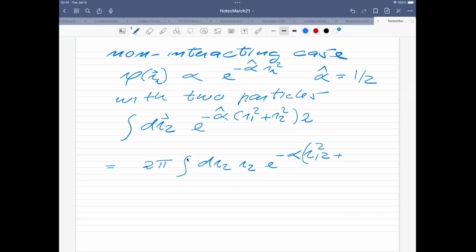Let me just rewrite it correctly: minus 2 times alpha, and then we have r_1 squared plus r_2 squared. So that's the integral which we need to evaluate. And this is an integral which you can look up, and it's an integral now which goes from 0 to infinity.